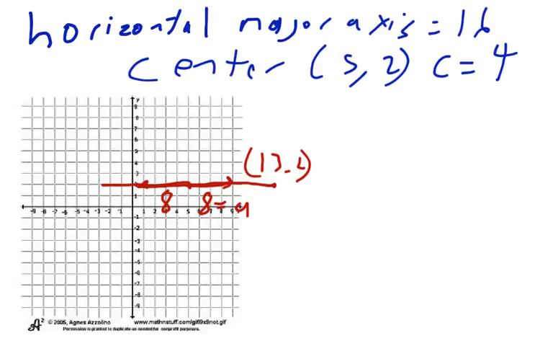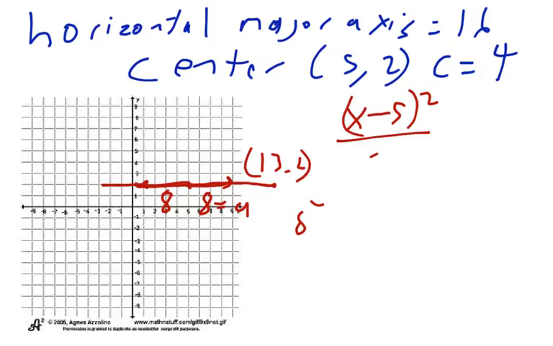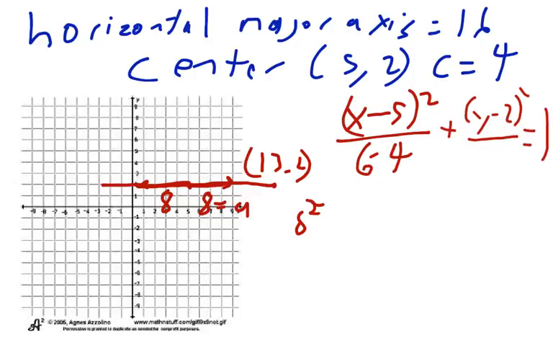So we got x minus 5 squared over 8 squared, which is 64, plus y minus 2 squared over something equals 1. So c squared equals a squared minus b squared.